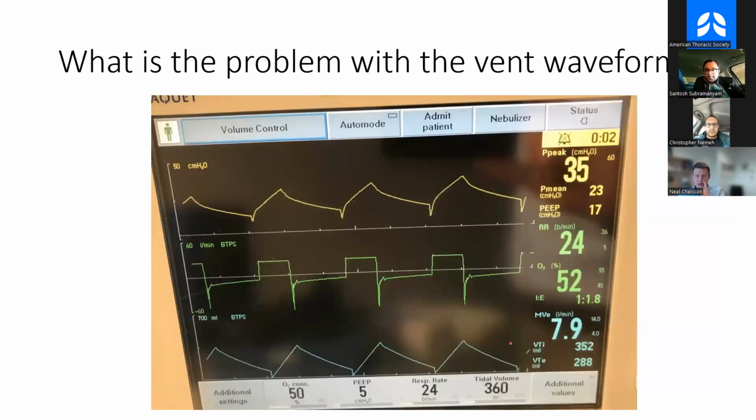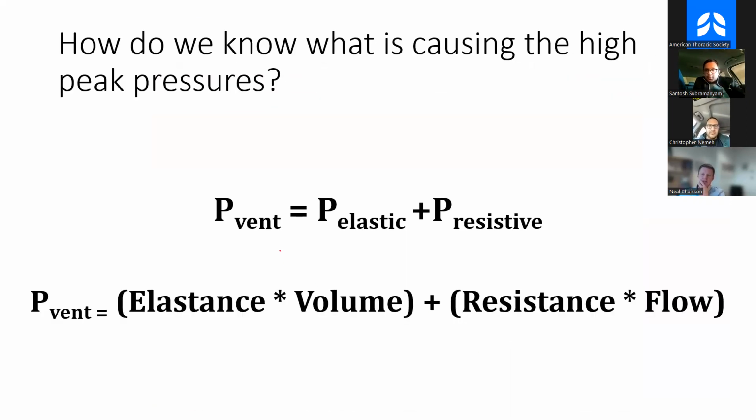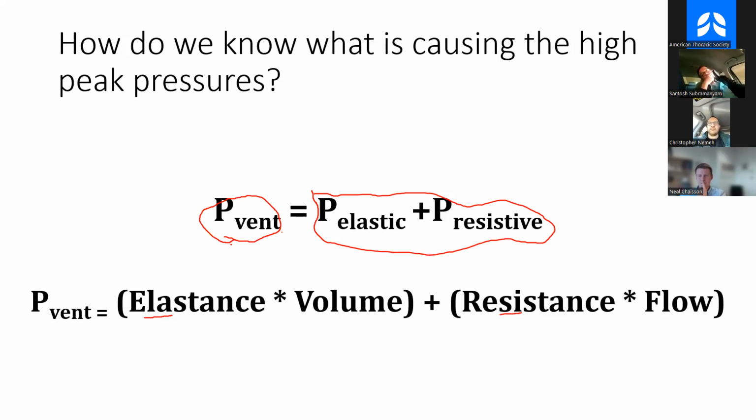So let's talk about what we do here. We said that we get to control this side of the equation, right? The volume and the flow, and that the patient's physiology, depending on their elastance and their resistance, gets to control the pressure of the ventilator, okay?